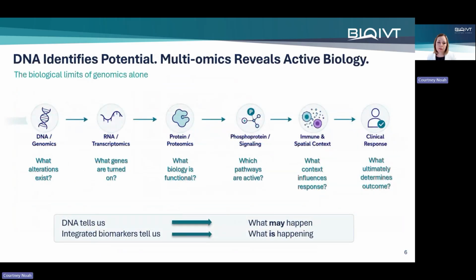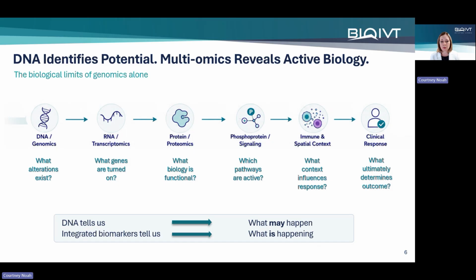So here's one of the central themes of the presentation. As we look at it, DNA is really describing what may happen, but integrated biology helps us to understand what's actually happening. So if you think about a genomic profile, it's going to tell us which alterations are present, and that's certainly valuable, but it doesn't necessarily tell us are genes being expressed, what signaling pathways may be active, whether proteins are functioning, or how that surrounding immune microenvironment is going to potentially influence a treatment response.